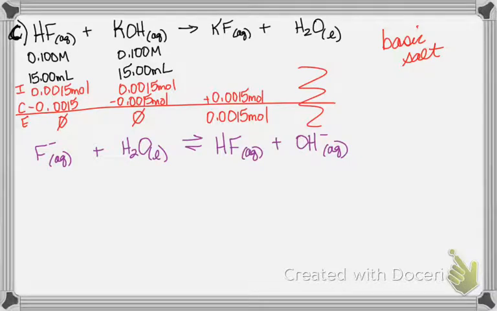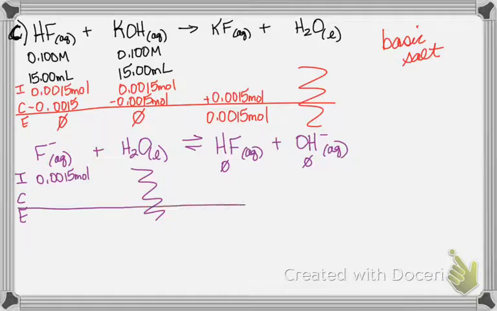Okay, so in this one, the fluoride ion, if we did an ice table, we're starting with 0.0015 moles of the fluoride. The water doesn't matter. Of course, we don't start with any HF or OH. How much of the fluoride is going to get used here?